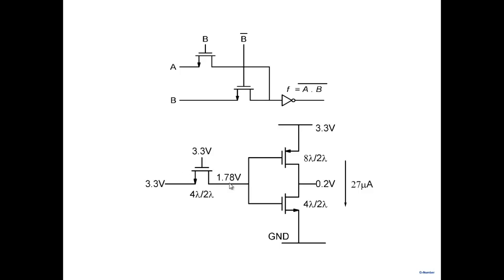So I get 1.78, a very weak one. A strong one would have been 3.3, but I get 1.78. So I apply this to my inverter, and the inverter output is 0.2. The ideal value is 0, but I get 0.2. Maybe I can live with it, and 0.2 is not that bad.